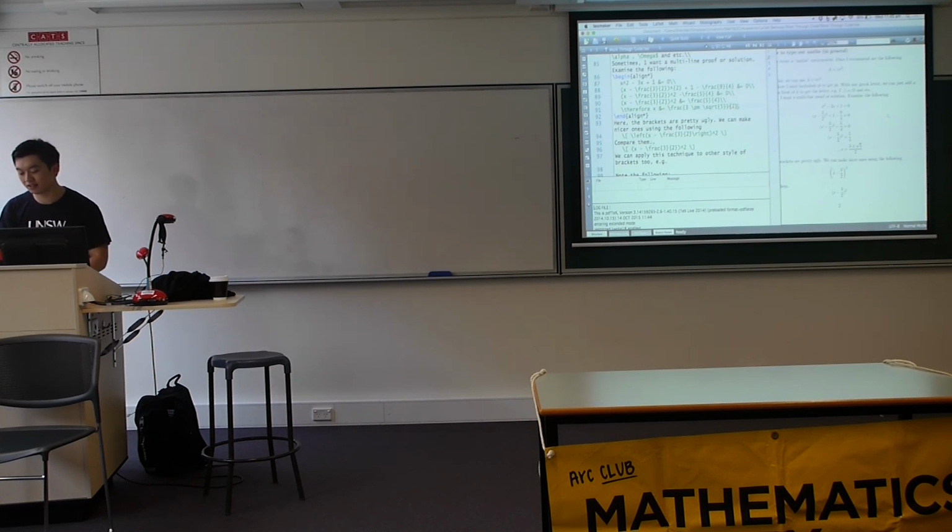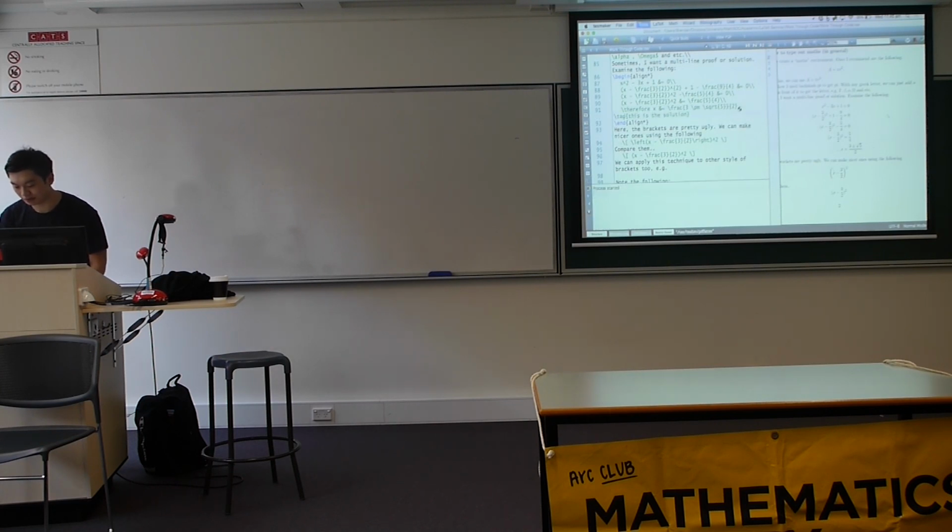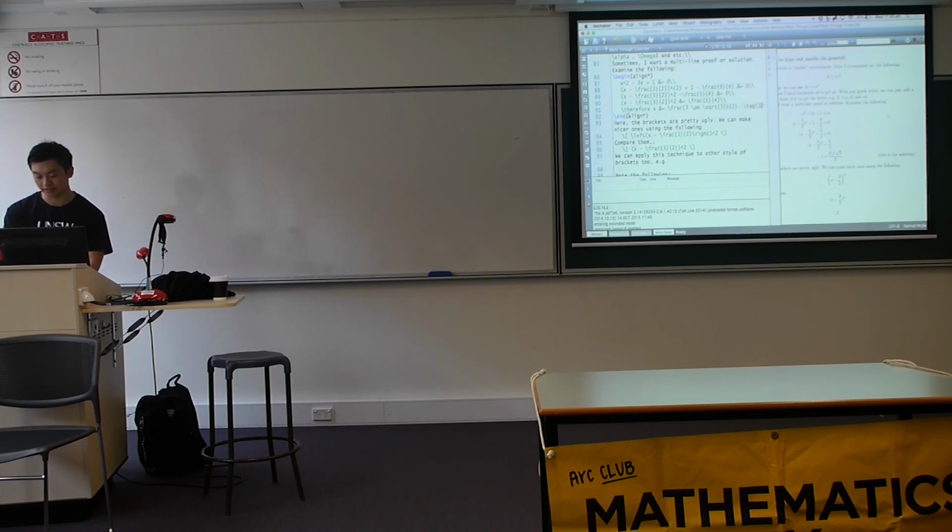I can add to the right of it, backslash tag, and typing something in here will get me some term, the expression on the right. So maybe this is the solution, or whatever. Or in the case of numbering an equation, you can just add 1. And compiling it again, I get that.